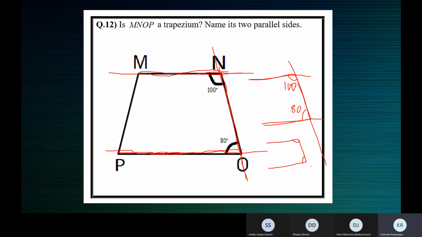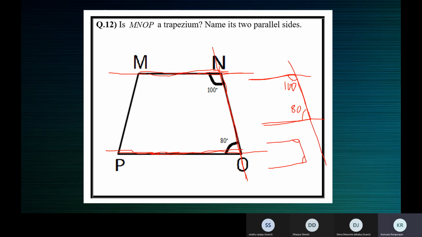If allied angles are supplementary, then the lines are parallel. If allied angles are not supplementary, the lines are not parallel. So we see that 100 plus 80 is 180. Allied angles are supplementary.